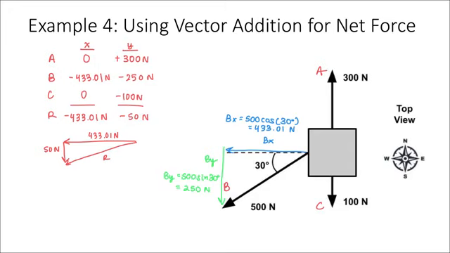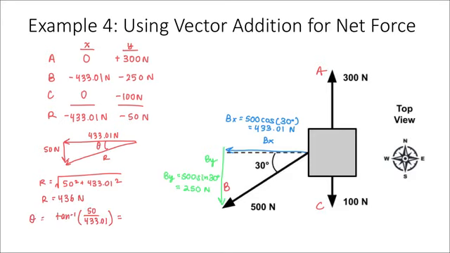Then I can use the Pythagorean theorem to solve for R, the hypotenuse, and I will see that R is equal to 436 newtons. And if I were to solve for the direction, that would be my theta value inside of this triangle, I would use tangent inverse, right?